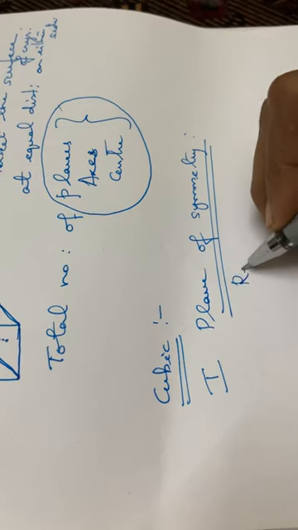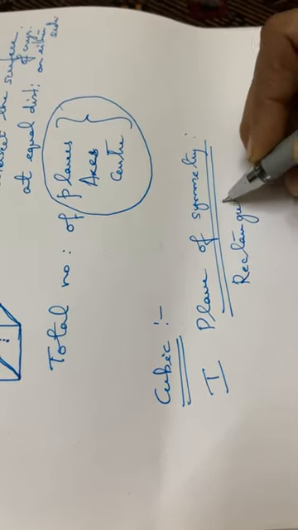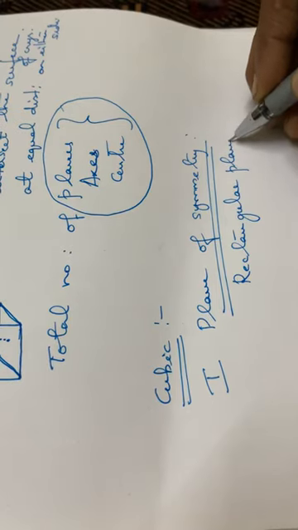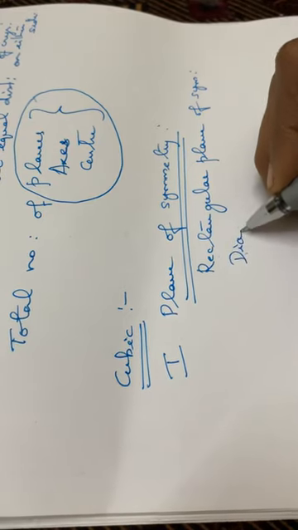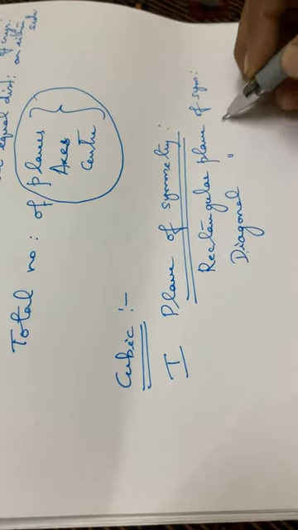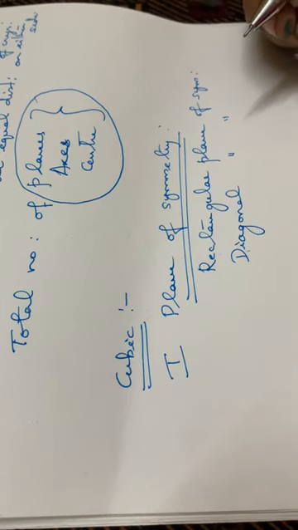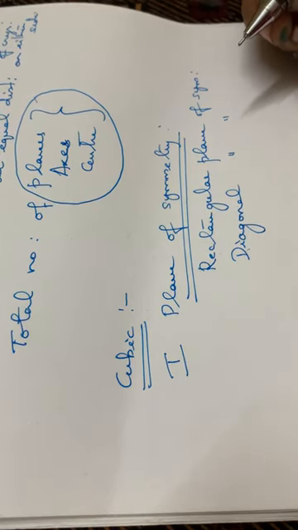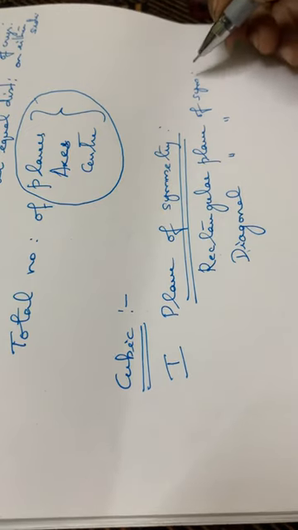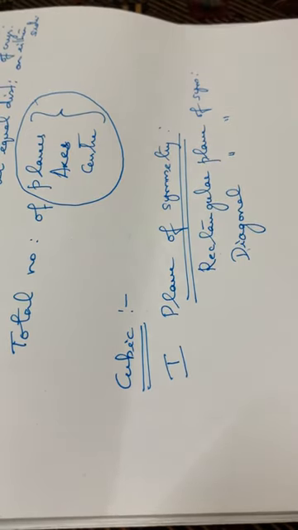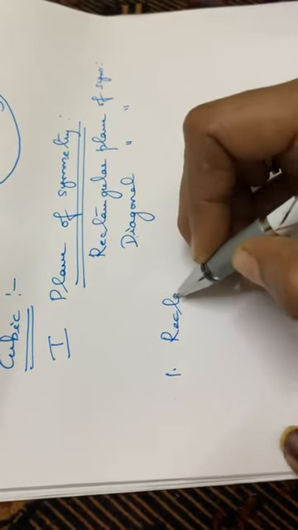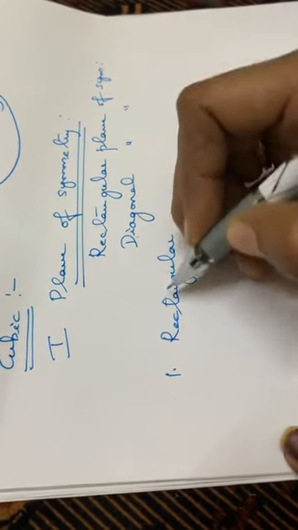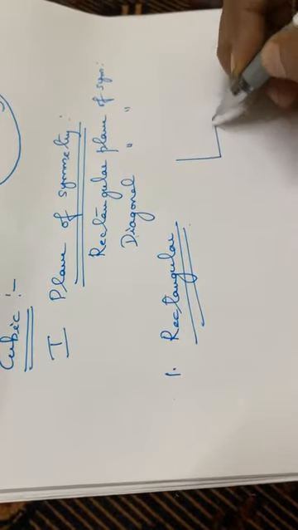The first one is the rectangular plane of symmetry, and the second one is the diagonal plane of symmetry. Then for a cubic crystal system, while considering the rectangular plane of symmetry, the plane of symmetry will be like this.